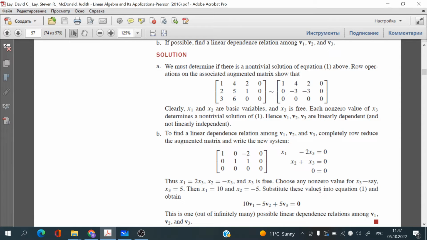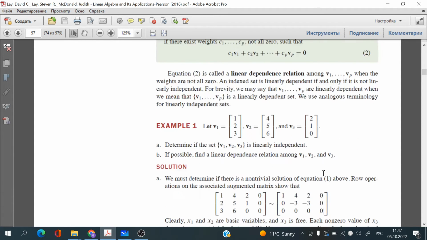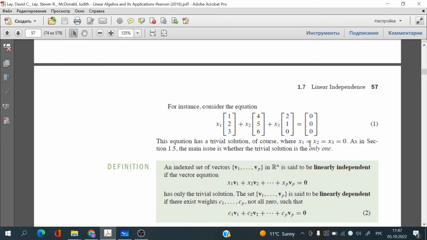Choose any non-zero value for x3. Let's take 5. Then x1 is going to be 2 times 5, which is 10, and x2 is going to be minus 5. Substitute these values into equation 1. Where is equation 1? It's going to be here.